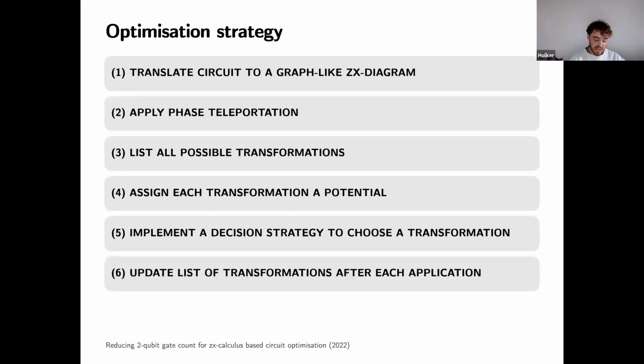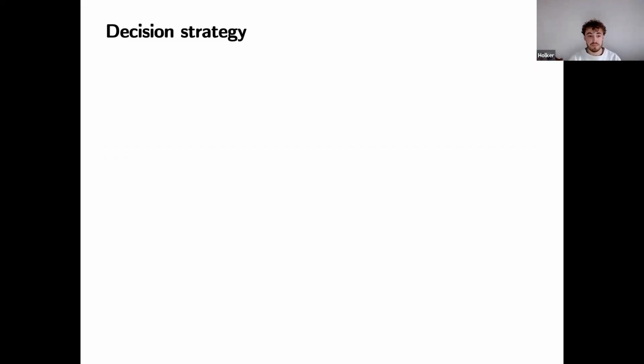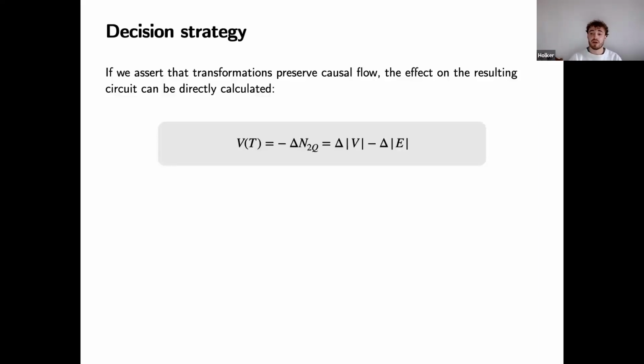After each application of a transformation, you update your list, and once you've progressively gone through like this, you extract a circuit. So rather than just iteratively applying all transformations, you're listing them all and selecting the most optimal ones each time, and then updating the list each time in the neighbours of where that single transformation has changed the graph. So the decision strategy which we implement is that we define our potential as just the reduction in the number of two-qubit gates.